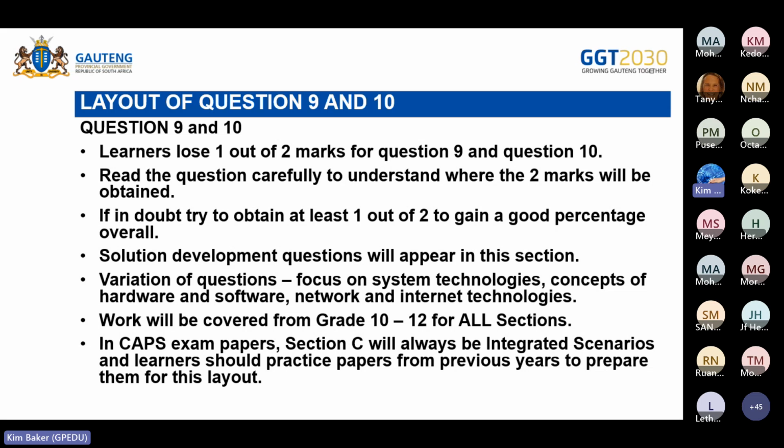Okay, so question 9 and question 10. Ladies and gents, these are the errors that last year's candidates made. So try not to repeat these errors. For example, if we ask a 2-mark question, the learners normally lose 1 mark because they're not giving proper detail.